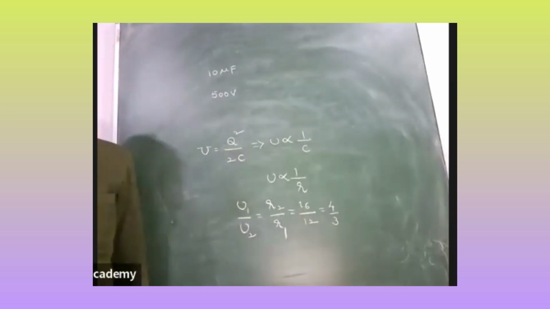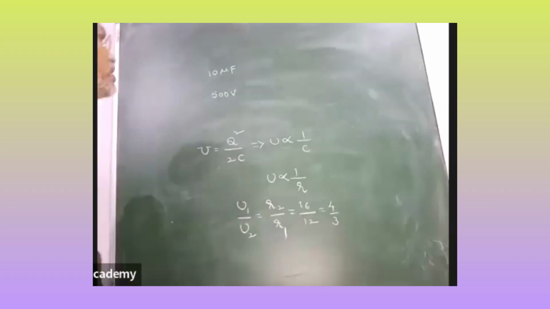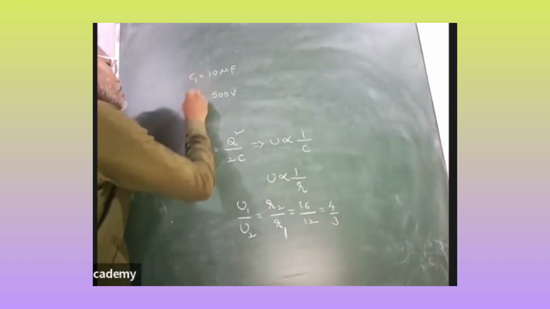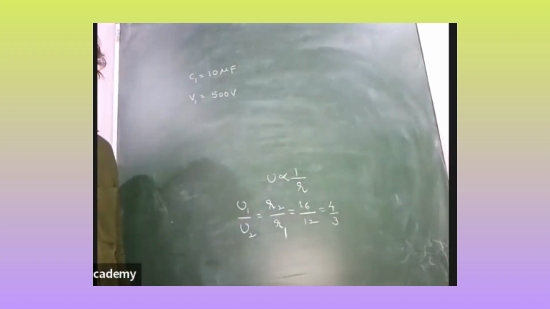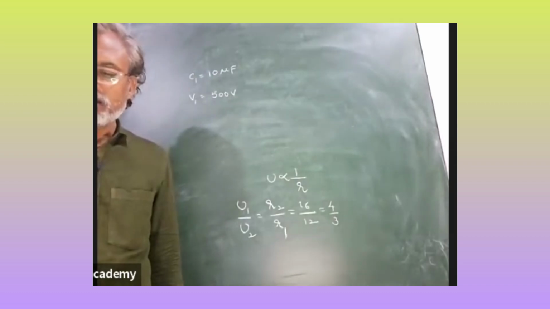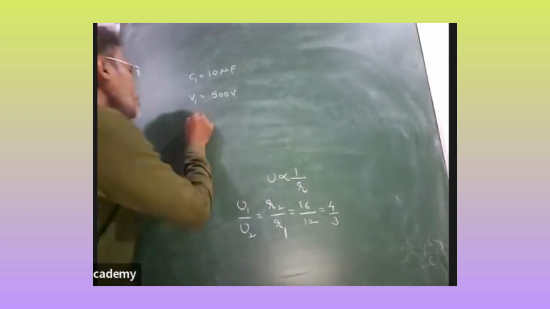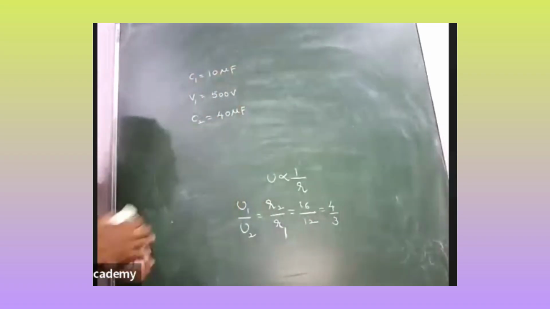Its terminals are then connected to those of an uncharged condenser of capacity 40 microfarad. So here this you take it as C1 and this is V1. Okay, now continuation of the problem, and that is its terminals are then connected to those of an uncharged condenser of capacity 40 microfarad.